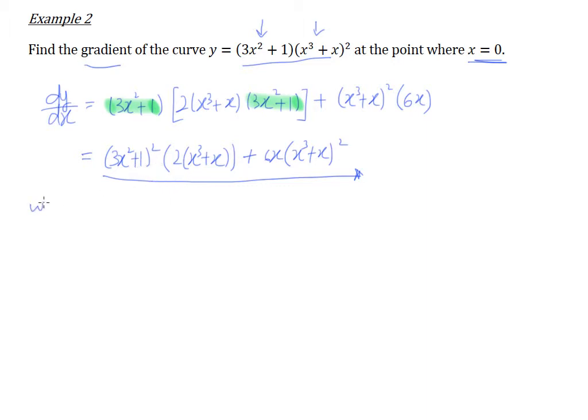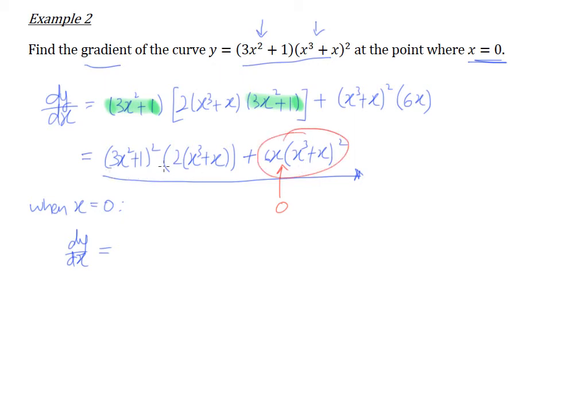At this moment we are going to substitute in x equals 0, and figure out what the dy dx value is when x equals 0. It's actually not that difficult to figure out. When x is 0, 0 multiplied by anything makes this entire thing a big fat 0.